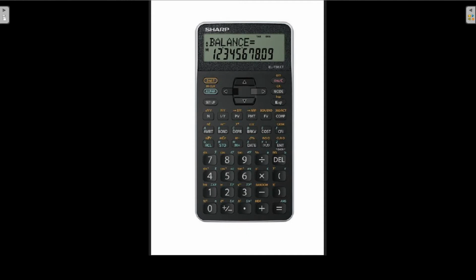Okay, so to do the same example that we did by hand and by using the formula, we can do it on the calculator. So what are the steps that we follow? First of all, we clear any other information from previous calculations. So that's second function and CA.